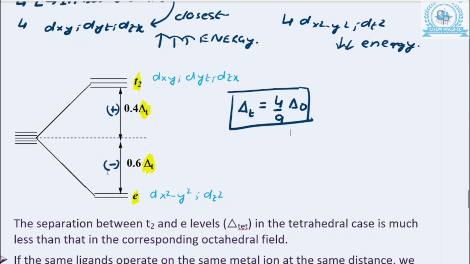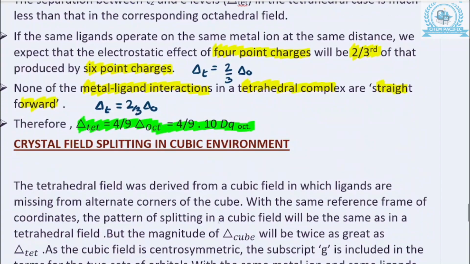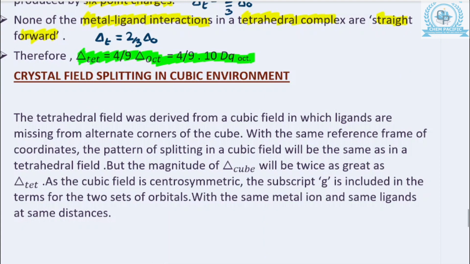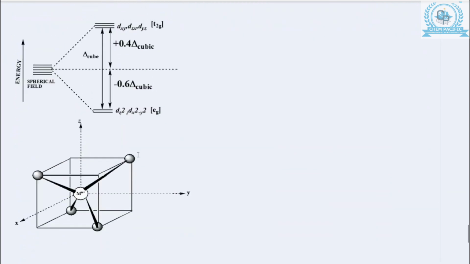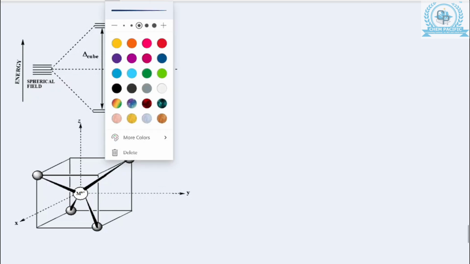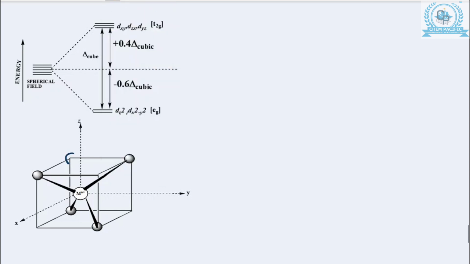Clear? Now the last but not the least is the crystal field splitting of the cubic environment. So basically a cube, the same thing I told you, a cube is like the tetrahedral, where when ligands come at all your corners, it results in the formation of the cube.